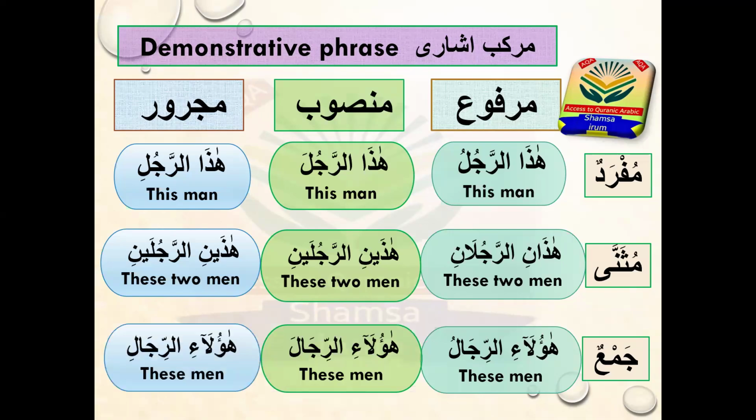And for the majroor, haula'i ar-rijali. So musharun ilayh will tell you the irab for the whole murakkab. You can check quickly by dhamma, fatha and kasra whether it is marfu, mansub or majroor. So this slide is very important for you. You can take a screenshot of it. It will help you, inshallah ta'ala.